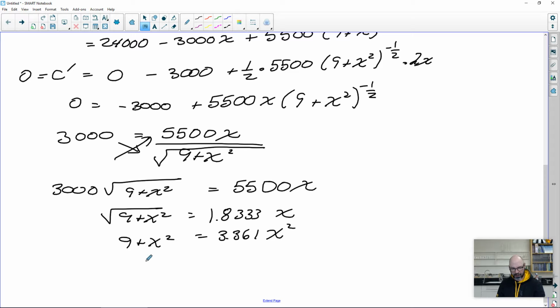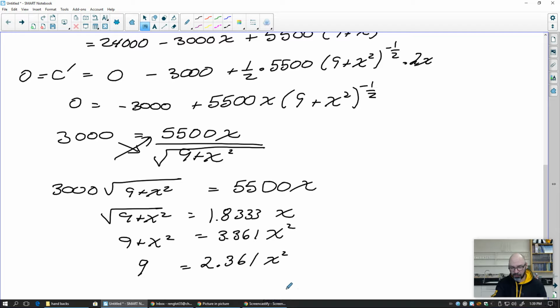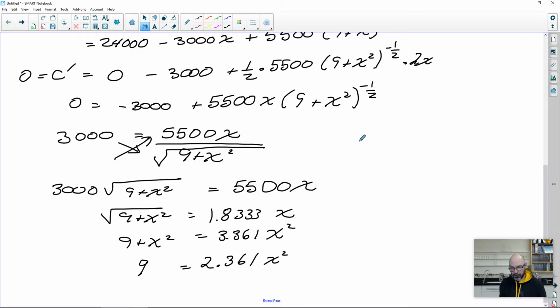So if we subtract 1x squared, we get 9. If we subtract from 3.361x squared and we subtract 1x squared, you're left with 2.361x squared. Okay, and then we solve by dividing 9 by 2.361 to get x squared.